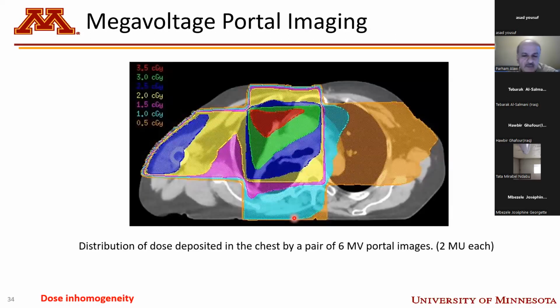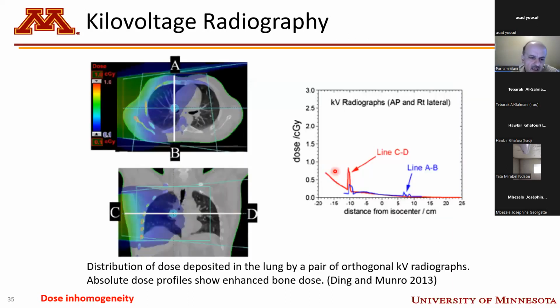Megavoltage portal imaging is an image showing the anterior and right portal images, essentially 2 MU each. And again, this is what imaging dose would look like for that patient. There is obviously some dose inhomogeneity, but not a huge one. On the same token, this one is orthogonal kV radiographs.